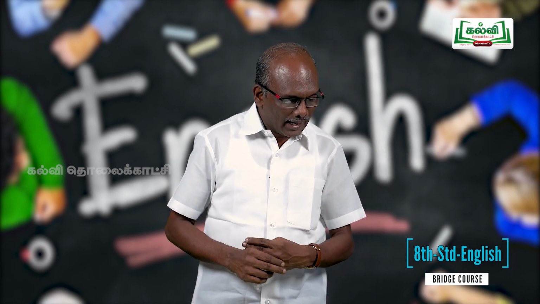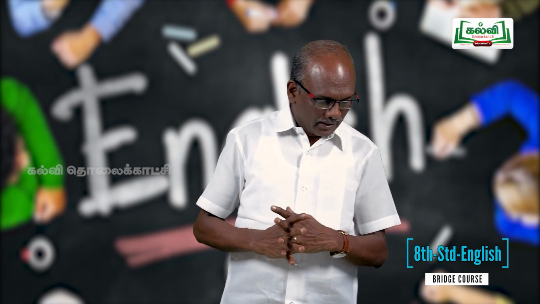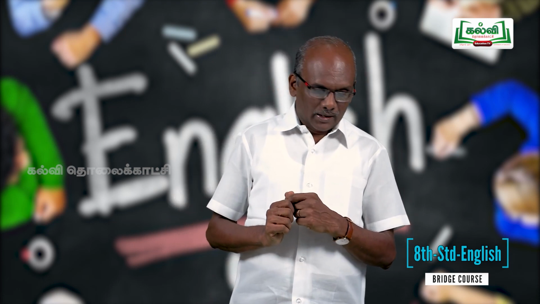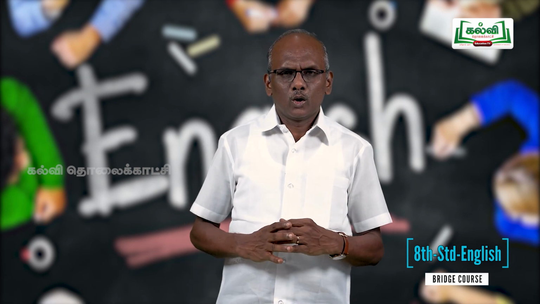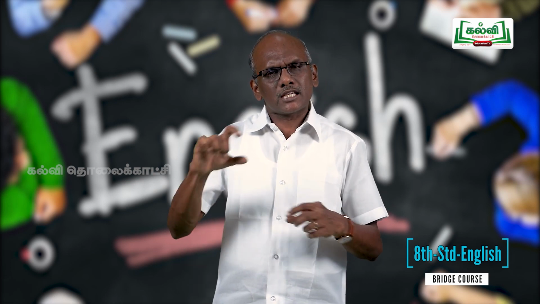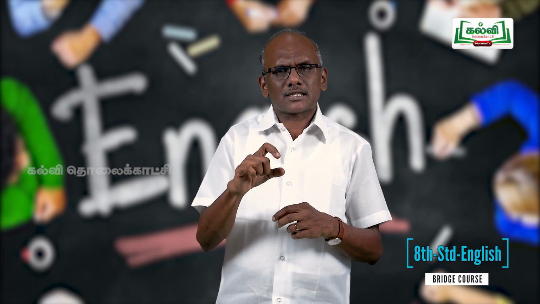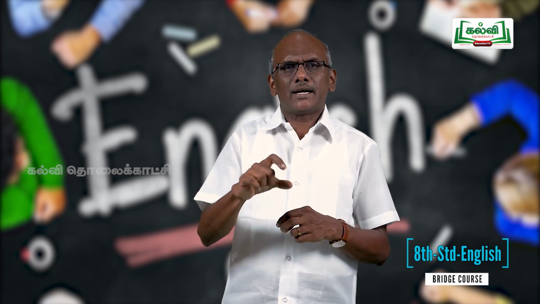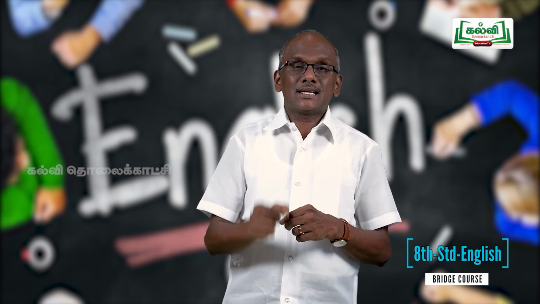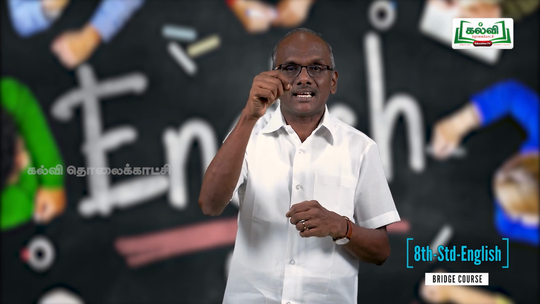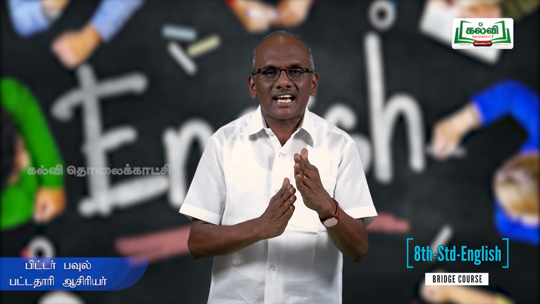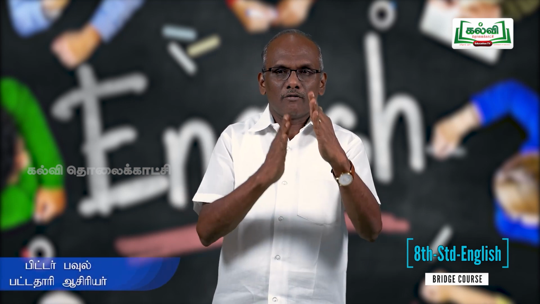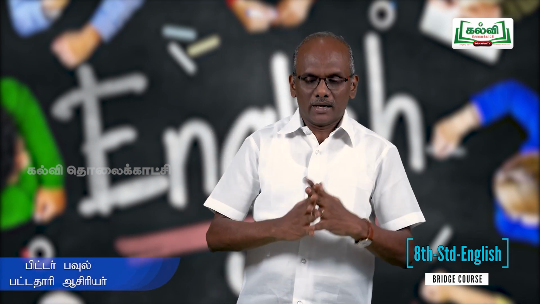And then baby, lazy, easy, pretty. In these words, the letter at the end of the word is Y, and it has the E sound. So we consider it a separate vowel, a separate syllable.